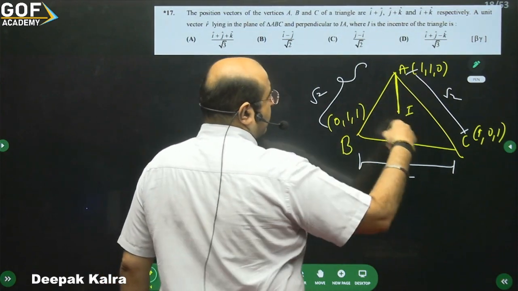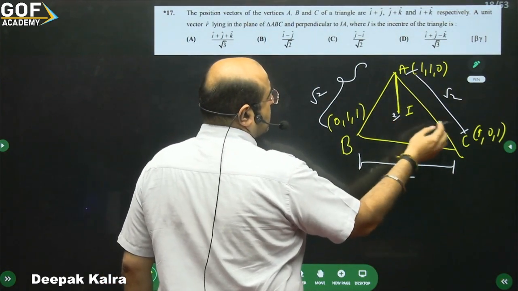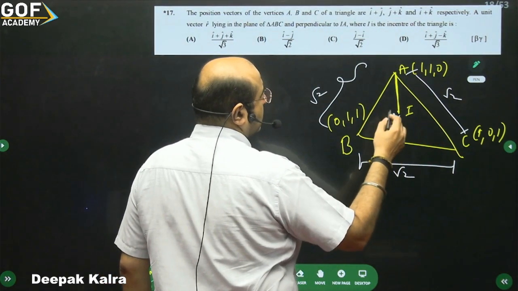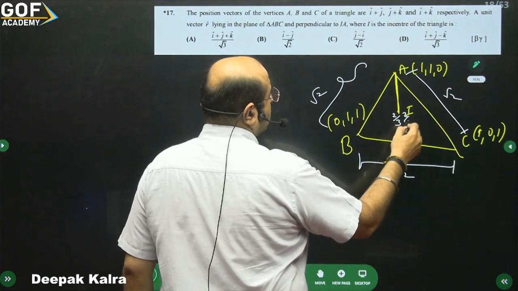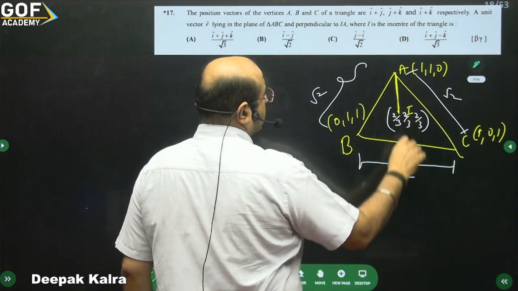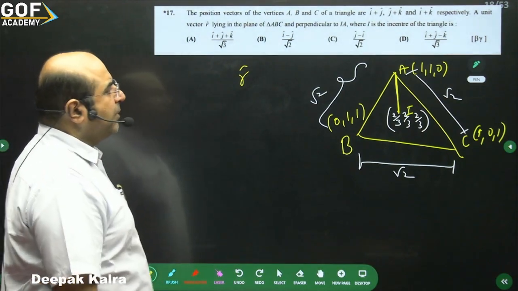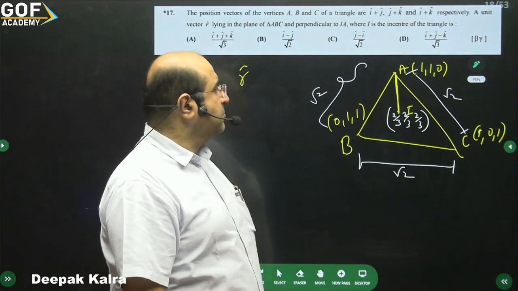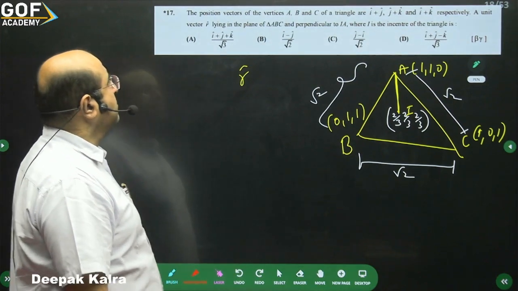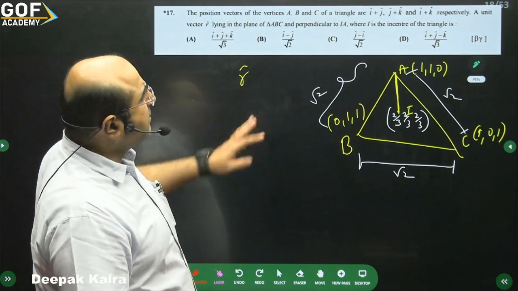So you have 2 over 3, 2 over 3, 2 over 3. I think now you can do the question by options also. All are unit vectors, which you can pretty well see.